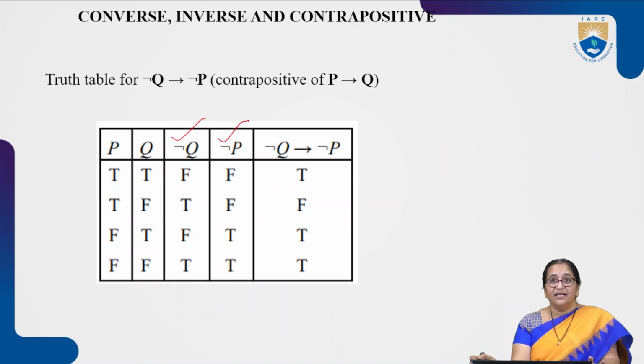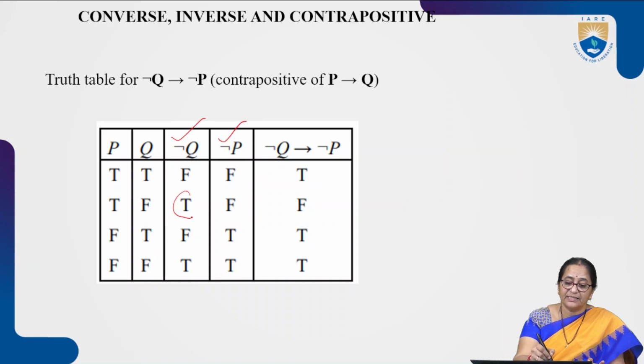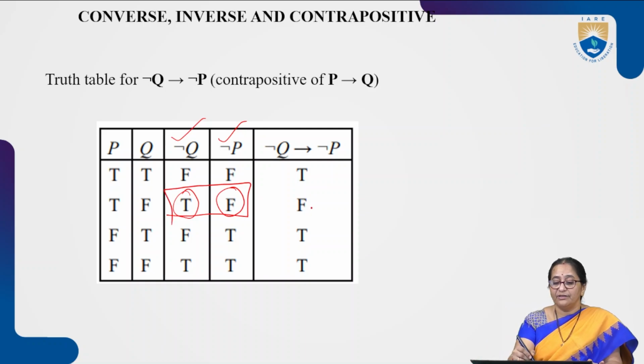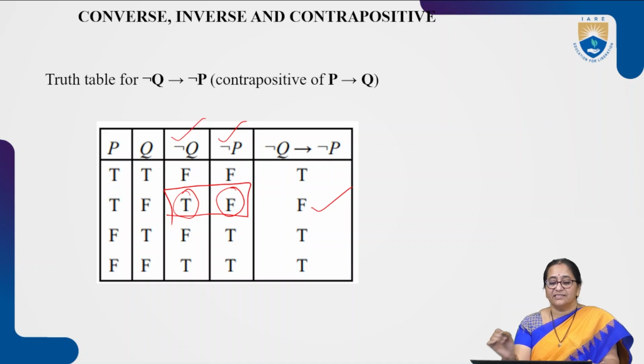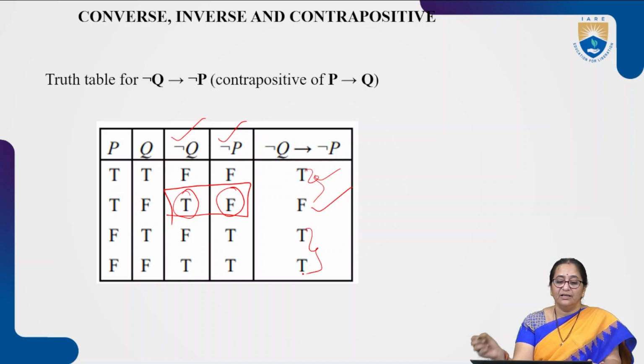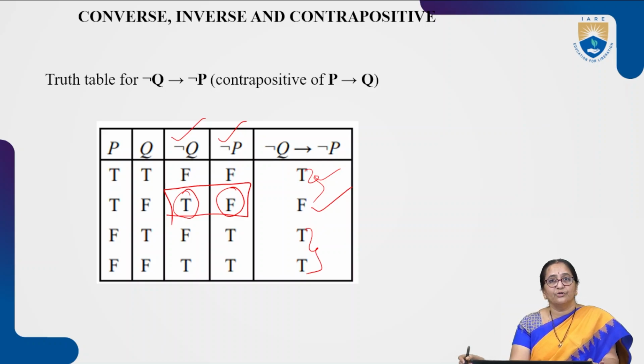Only in the case where the value of negation Q is T and negation P is F, this is the only case where the result value will be F. Otherwise, we get the result as true. In all the other cases, this is true. These two are the true cases. We know how to find negation P and negation Q values.